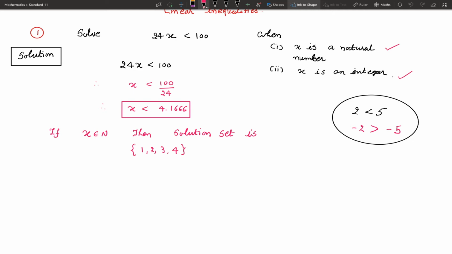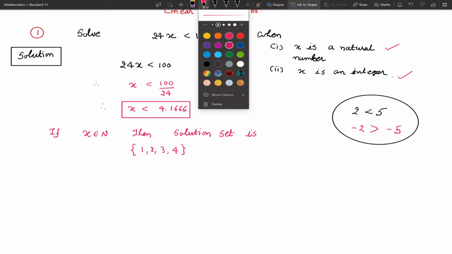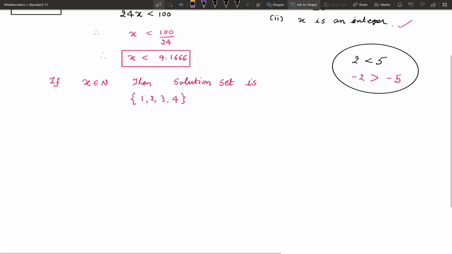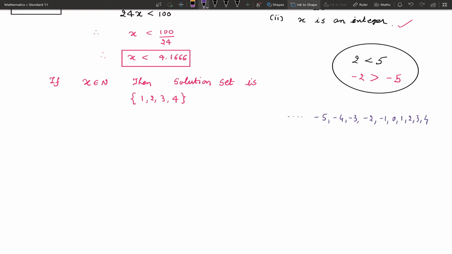But in the case of integers which are less than 4.166, you can write all integers: there are so many here. Minus 5 is possible, minus 4, minus 3, minus 2, minus 1, 0, 1, 2, 3, 4. All are integers which are less than 4.166.